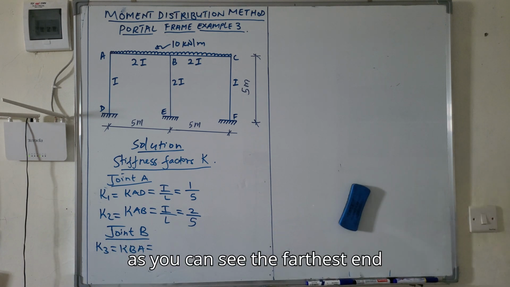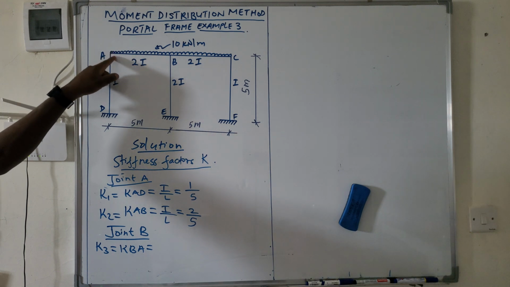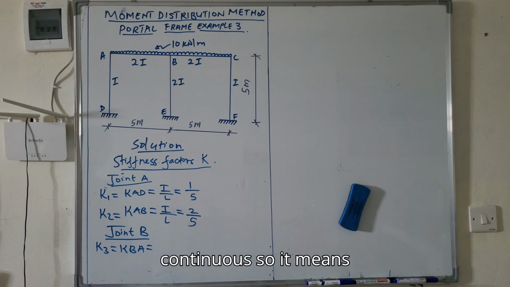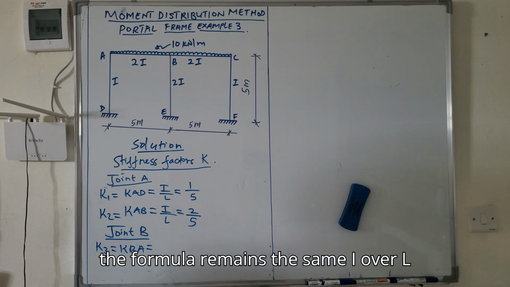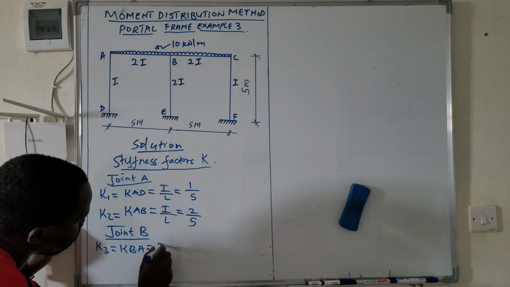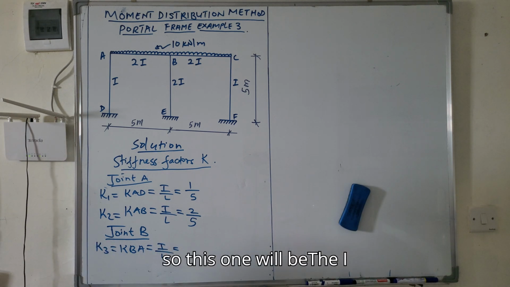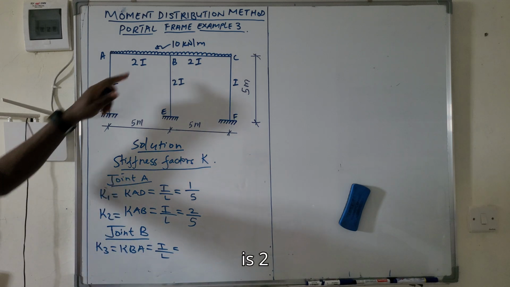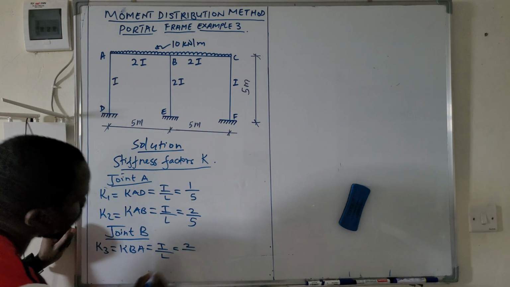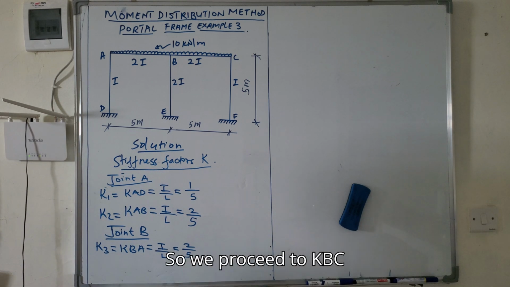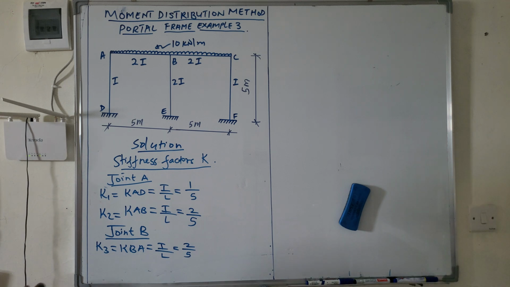As you can see, the farthest end is continuous, so the formula remains the same, I over L. This one will be I is 2 and L is 5. So we proceed to KBC.